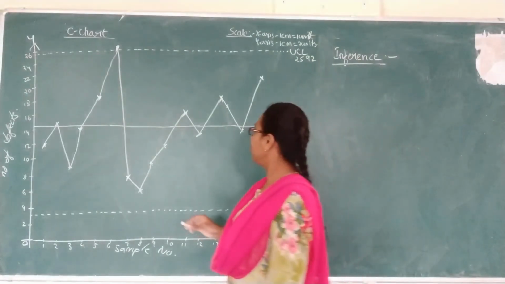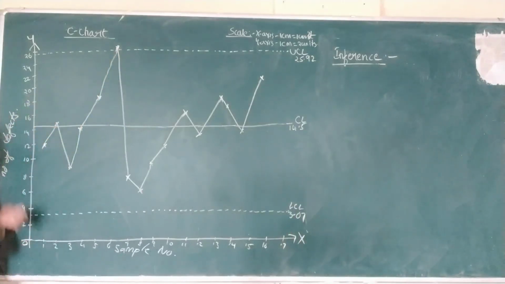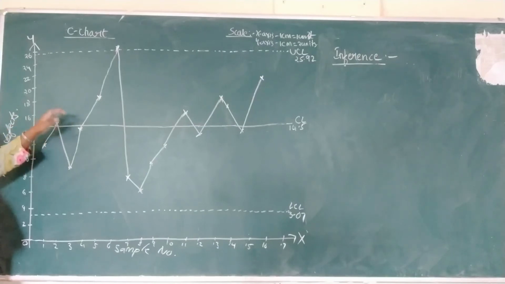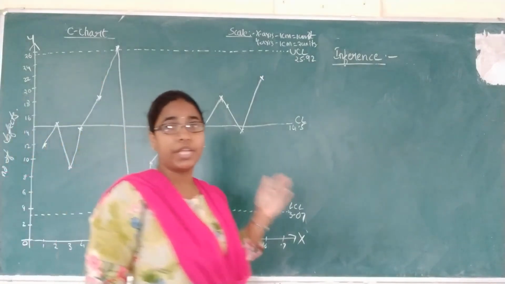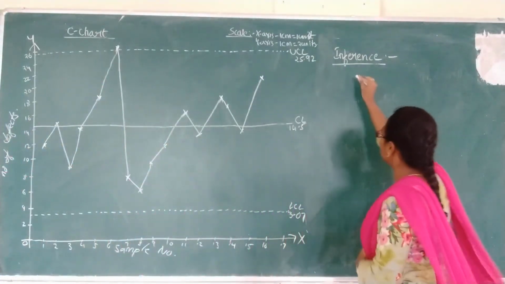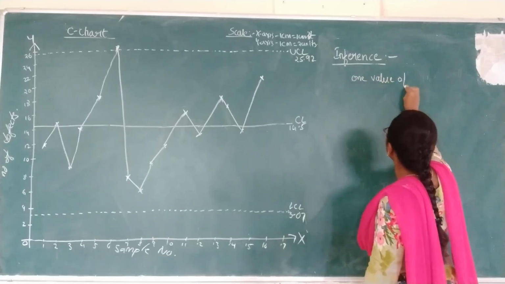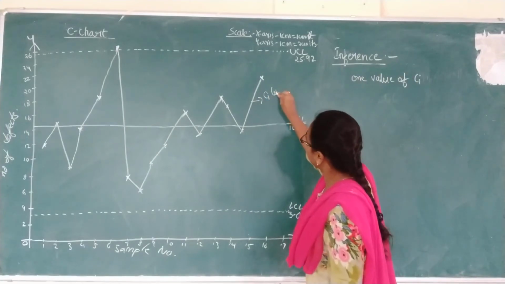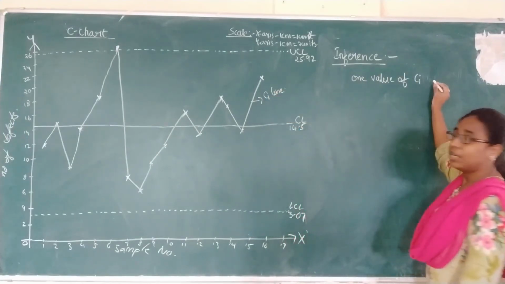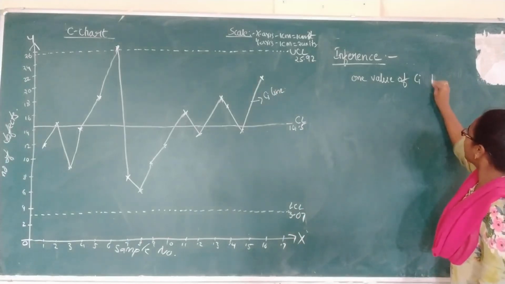And clearly, if you observe, this one point is going above UCL. So at which sample number? At sixth sample, the CI value is going above UCL. So one value of CI falls above UCL.